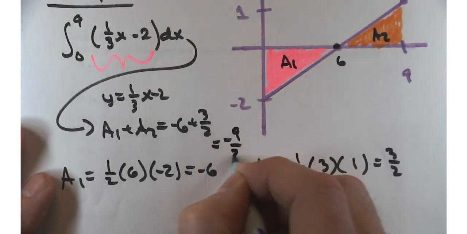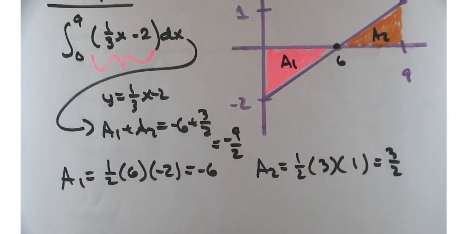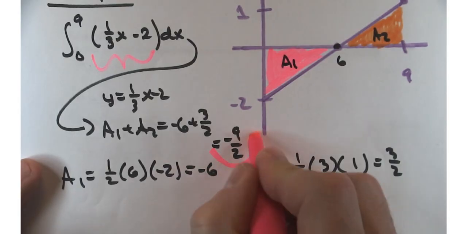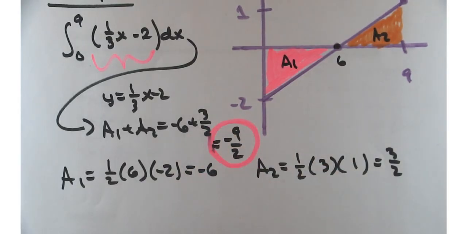Do we need to leave it a fraction? If you gave me a decimal, I wouldn't complain. Although I prefer fractions, especially mixed or improper fractions. But if you gave me -4.5, I mean, it's still the same answer. I'm not going to really worry about it.